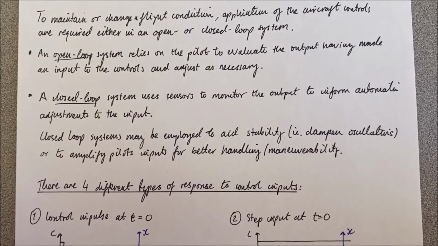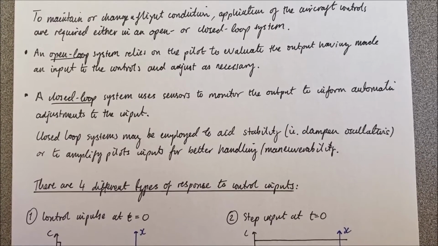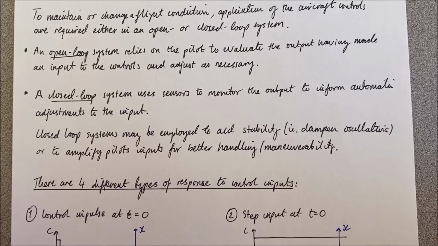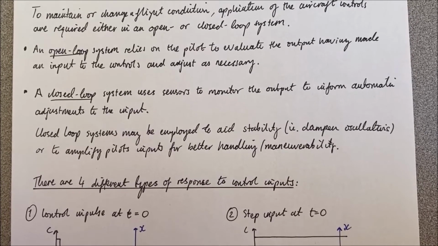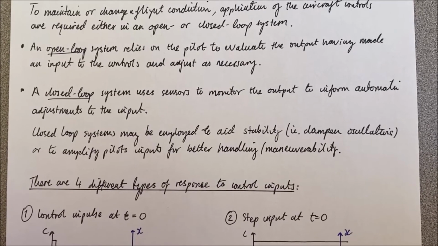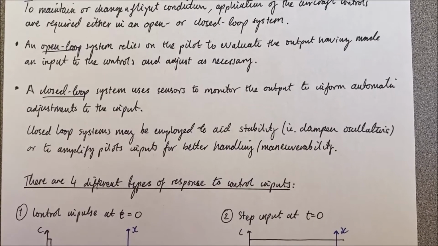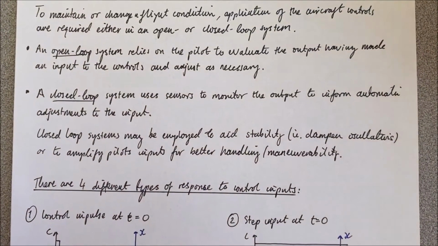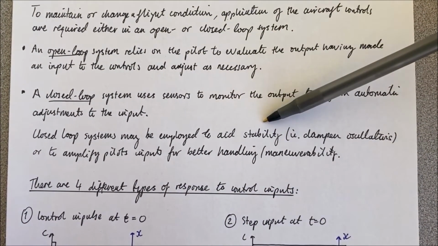Remember our discussion about the yaw damper and how angles of sideslip or perturbations in sideslip angle are damped out by an actuator on the rudder. That's an example of how closed loop systems can be used to aid stability.